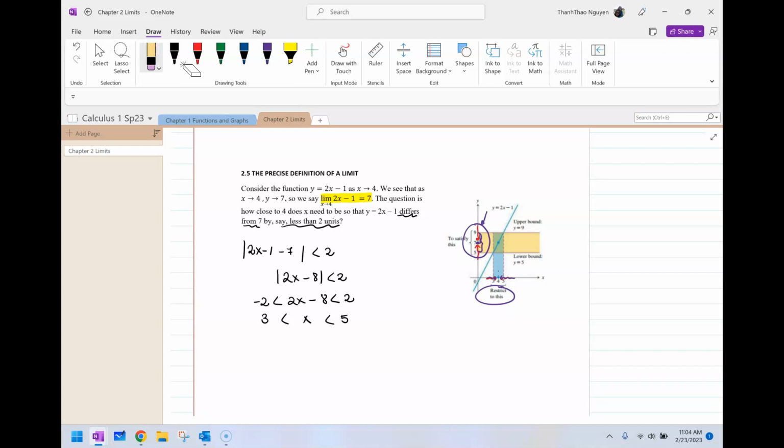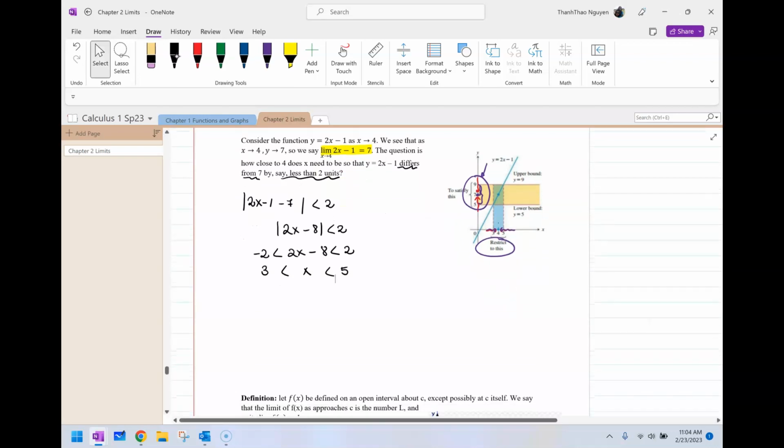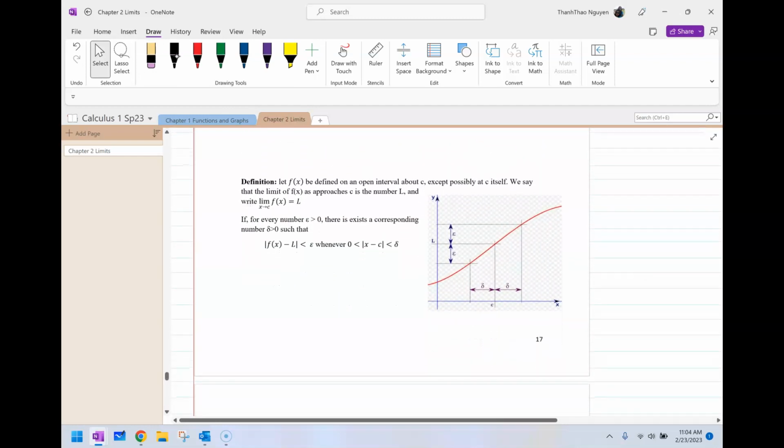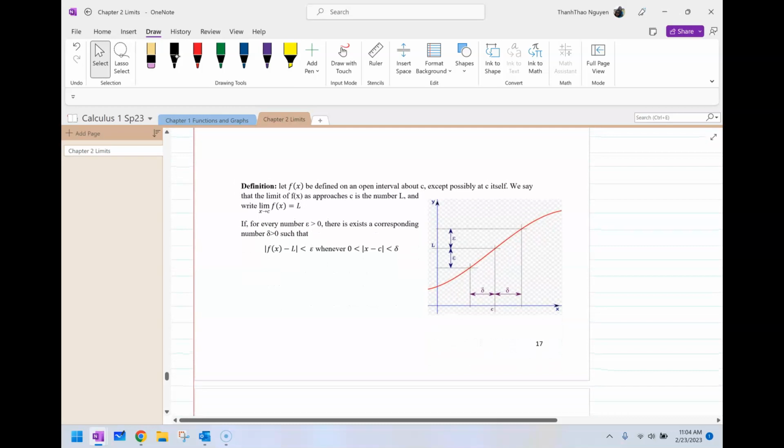Now, what does this have to do with the definition of limit? Let's take a look at the definition of limit. Let f of x be defined on an open interval about c, except possibly at c itself.